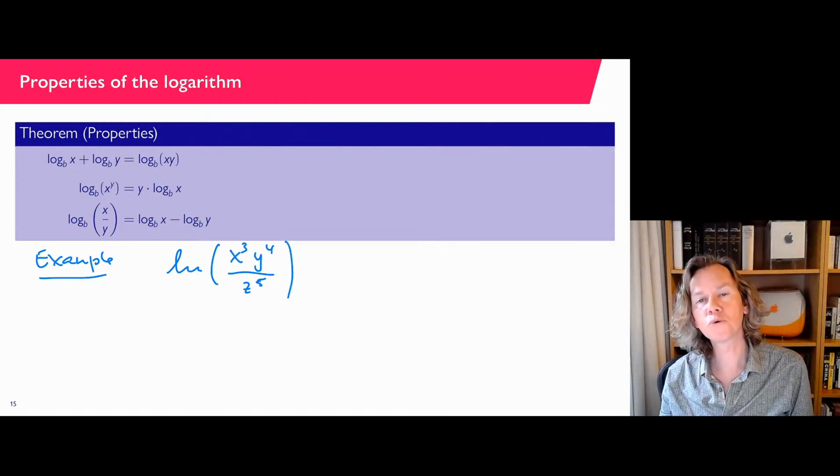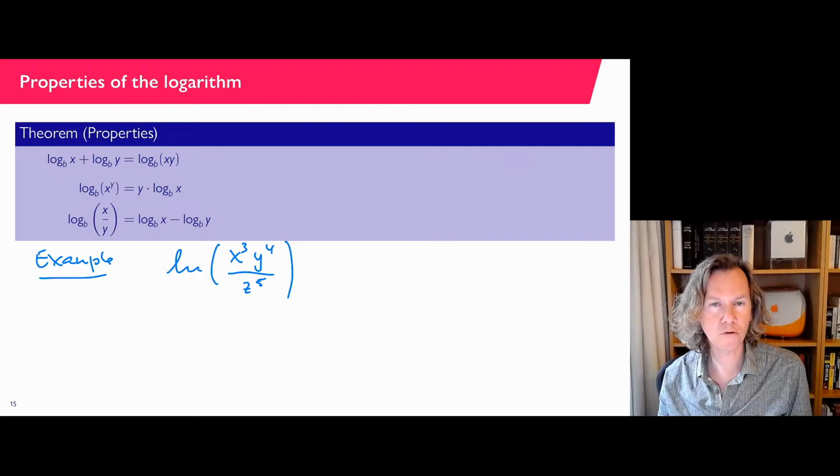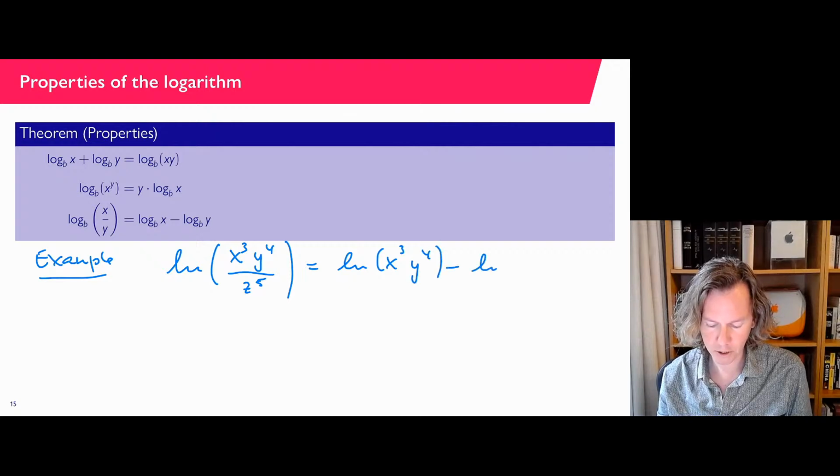Then with these rules, you can express this in terms of the logarithm of x, logarithm of y, and logarithm of z. So I can write this as the ln of x to the power 3 y to the power 4 minus the ln of z to the power 5.